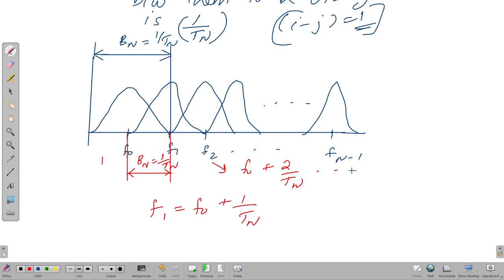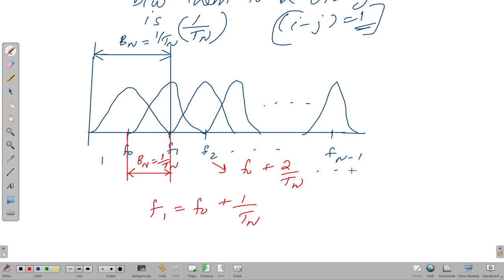Okay, and what we have proved right now is that a set of subcarriers having a bandwidth of 1 divided by Tn are orthogonal in the range 0 to Tn, with the least frequency separation between consecutive subcarriers.